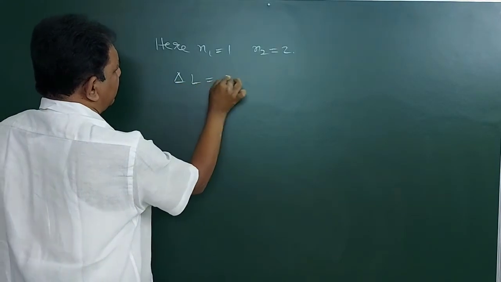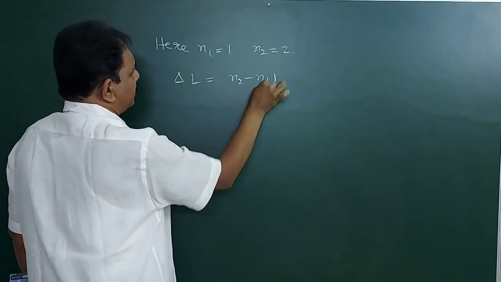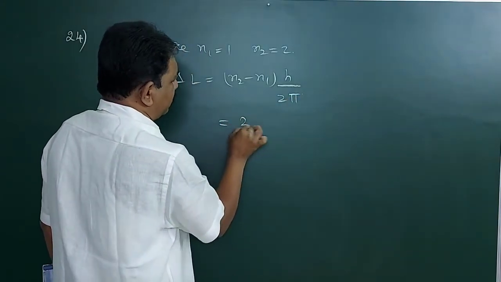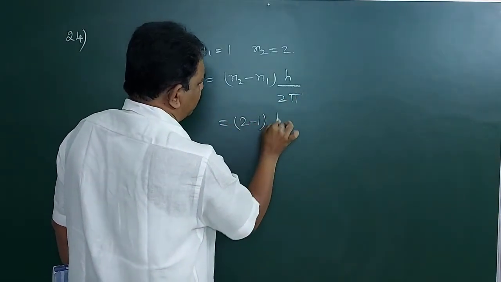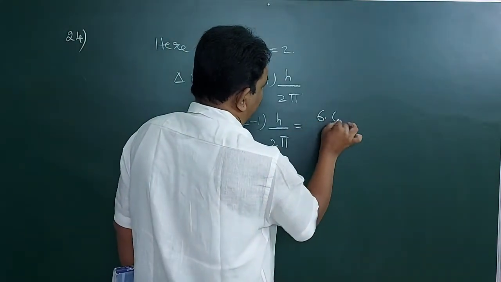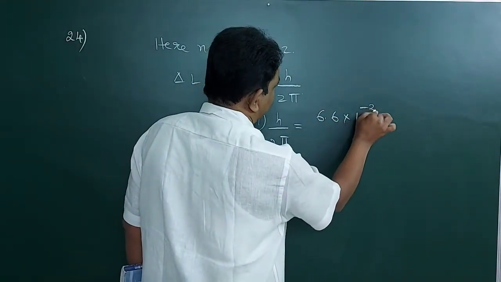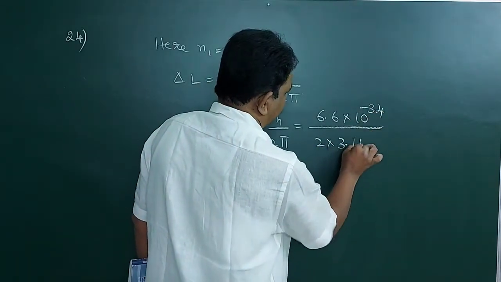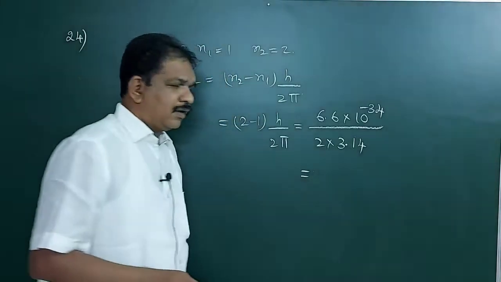Change in the angular momentum will be n2 minus n1 into h by 2 pi, 2 minus 1 into h by 2 pi. H value 6.6 into 10 power minus 34 by pi value 3.14.